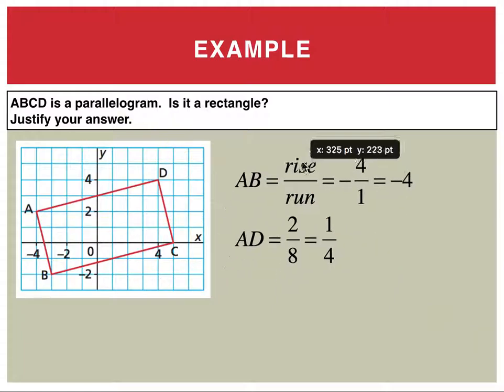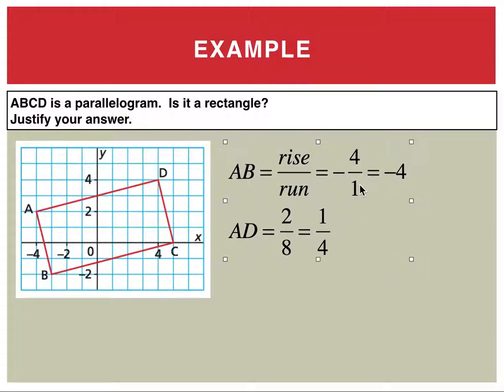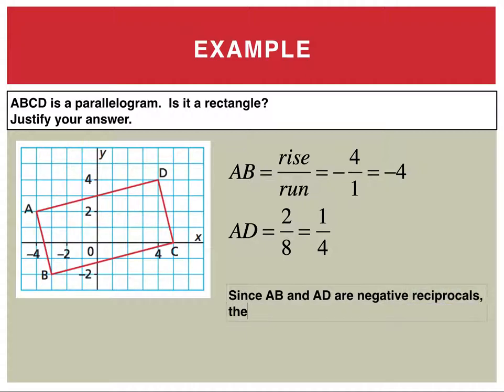Now here, we have -4 over 1 and +1 over 4. Those are what we call negative reciprocals. They are perpendicular.